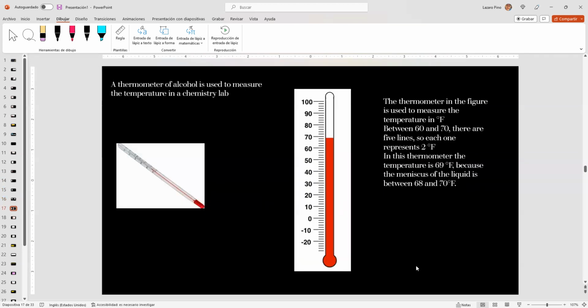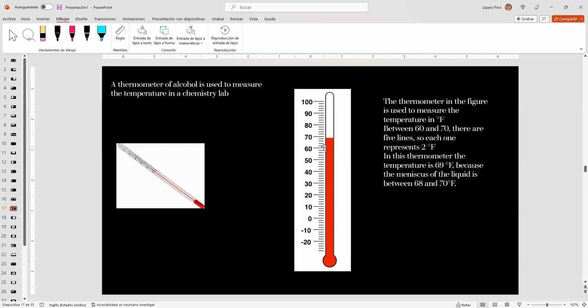For the temperature, we usually have in the lab alcohol thermometers. Here you can observe one of them. In this case, you can see that this thermometer is in Fahrenheit units. The level is between 60 and 70.